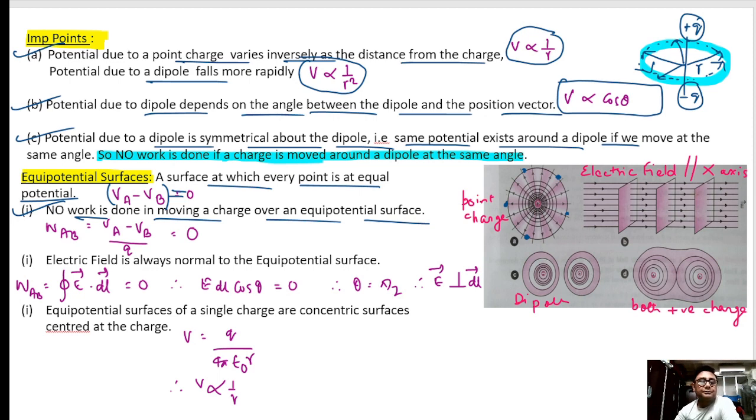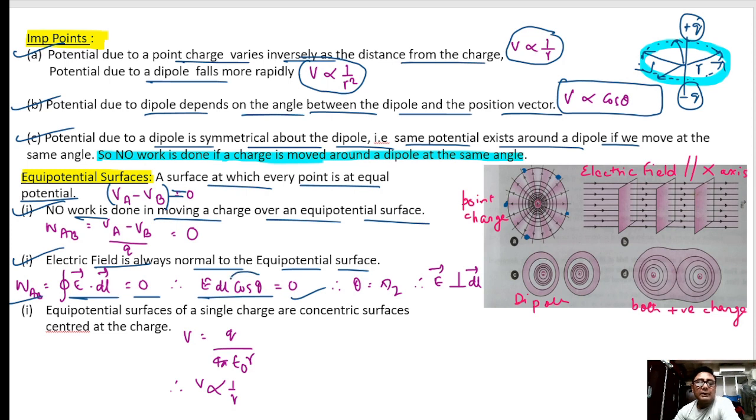Second, electric field is always normal to the equipotential surface. So please watch here. We know work done is line integral of E dot dl. So E dl cos theta equal to 0. Now how can we make it 0?